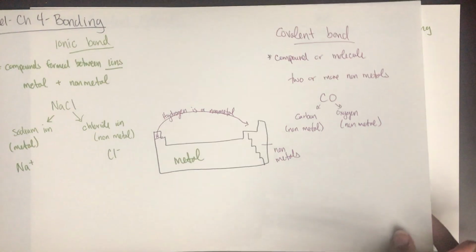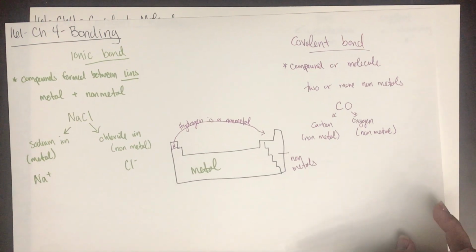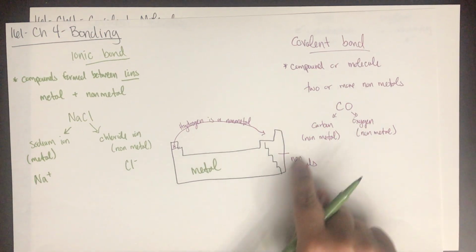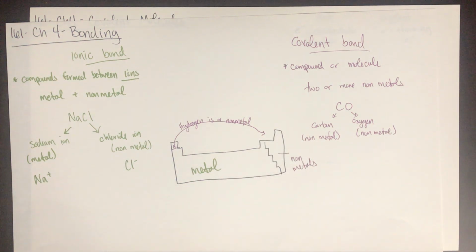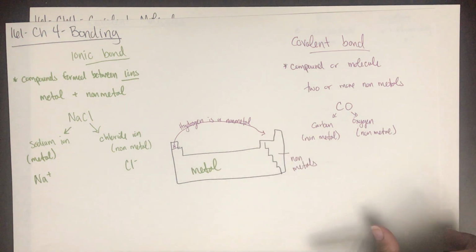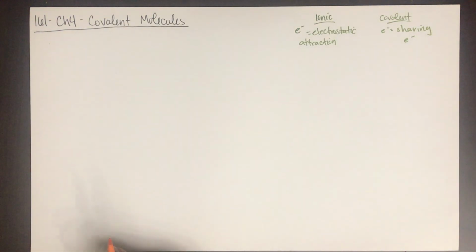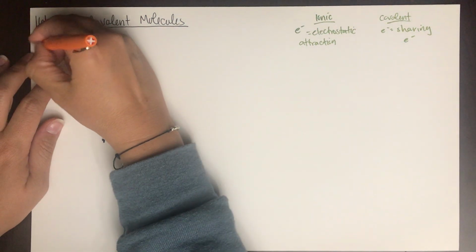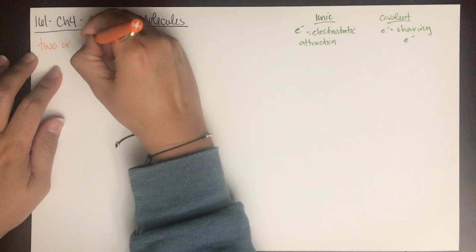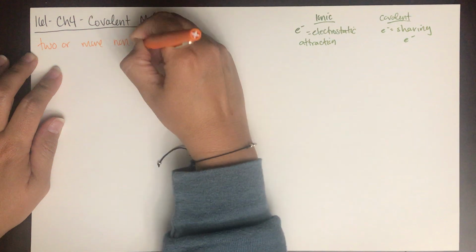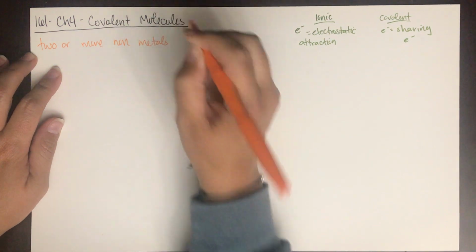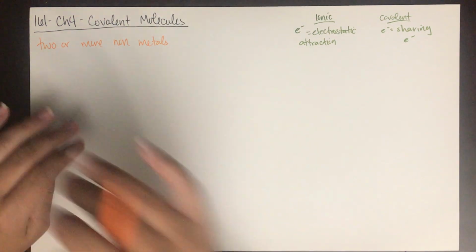So remember we said that ionic was two or more nonmetals, and the nonmetals were over here on this side of the periodic table, to the right of that metalloid staircase. So covalent molecules are between two or more nonmetals, and we'll only be naming two.